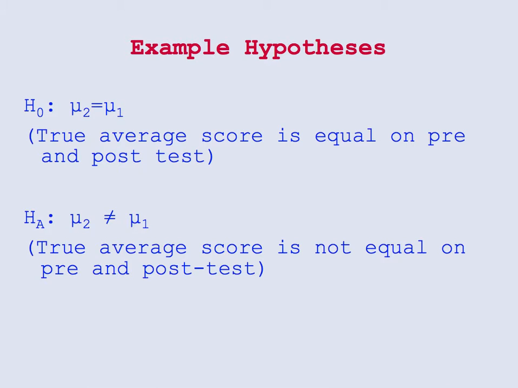So we might see this as an example. Perhaps we're giving a training course and we want to know that our post-test average score is actually higher than the pre-test. Well, it's the burden upon us as the researchers to prove that our course is actually working, and therefore the null hypothesis is the status quo of basically no effect.